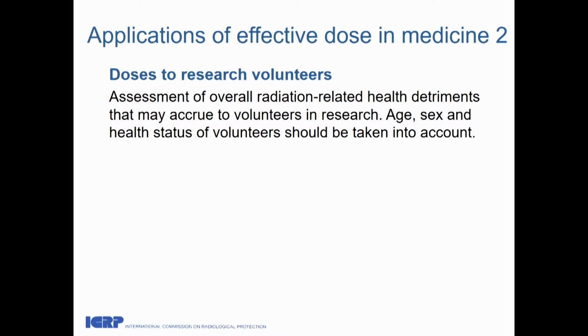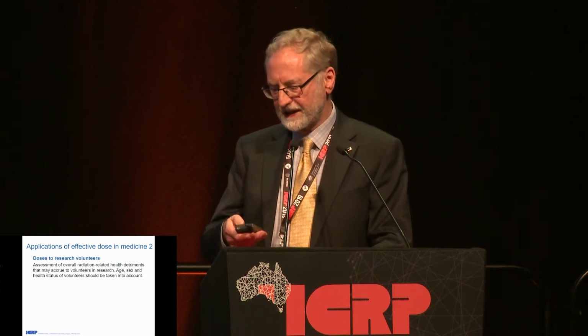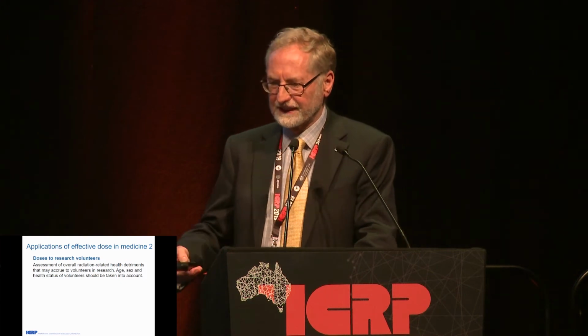We use it for doses to research volunteers, assessment of the overall radiation-related health detriment, but in that we've got to take the age, the sex, and the health of the patients who are the volunteers, and many of whom are on clinical trials for cancer drugs or cancer treatments.